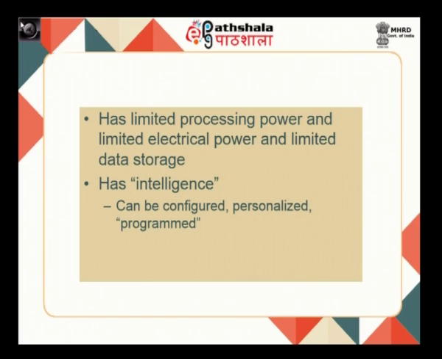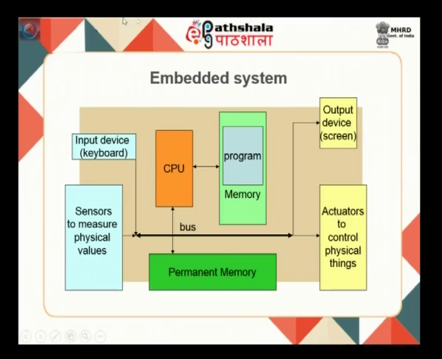So basically I have given you the outline of an embedded system, but how does an embedded system look? What is available on the embedded system is very important. As I said, the processor is very important. I have a processor, a CPU, inside it.